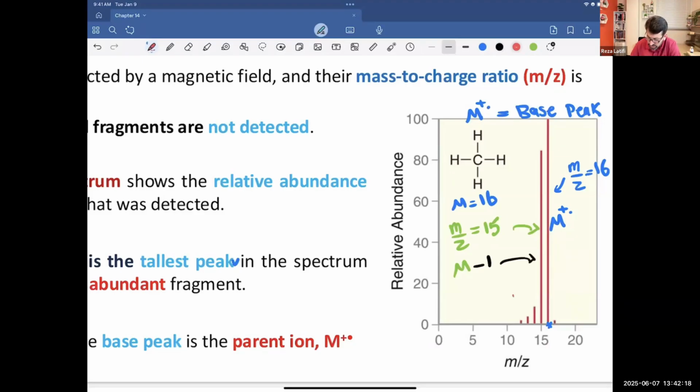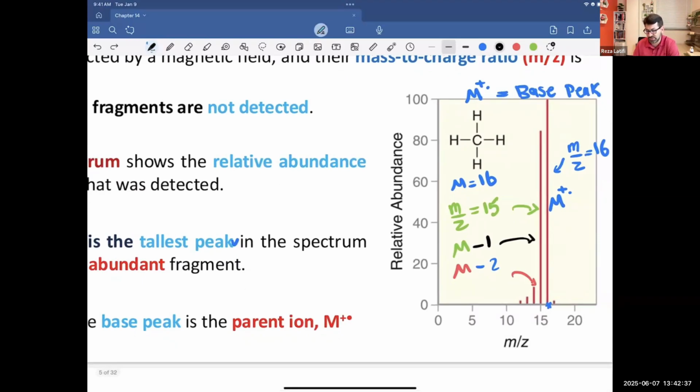Next one, this is missing 2 units, so you can call it M-2. And how about this? Okay, how about that one? You can say M-3. Also, we have 1 peak that is 1 unit higher than 16, and I'm talking about this tiny peak. That tiny peak is 1 unit higher than 16, so I'm going to say M plus 1. Okay, now let's go after the reasoning of each of those peaks, or the sources of them.